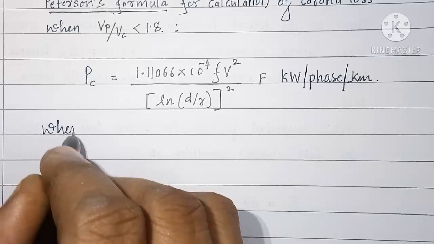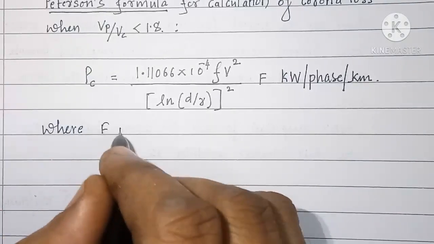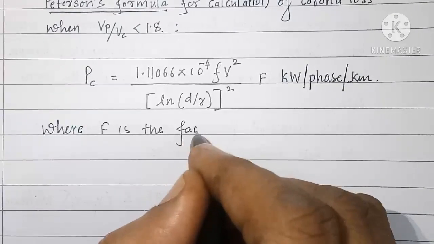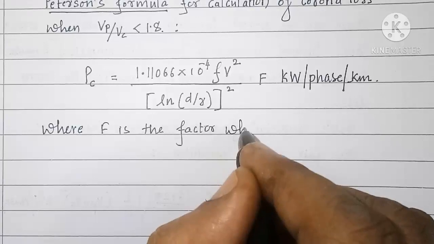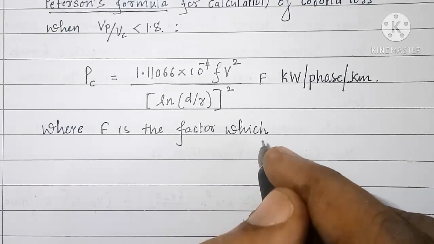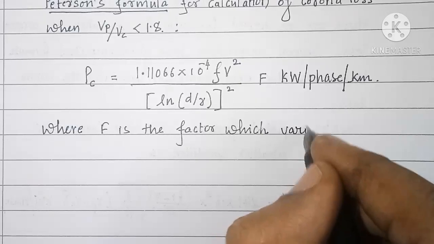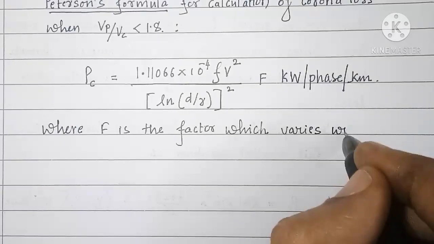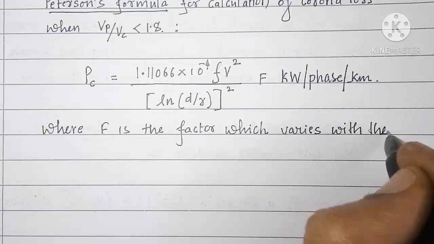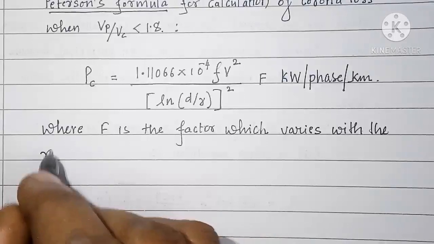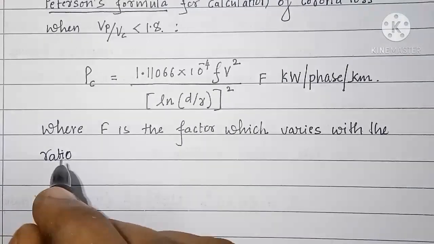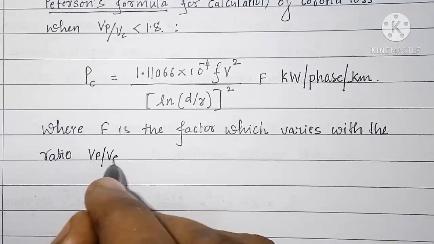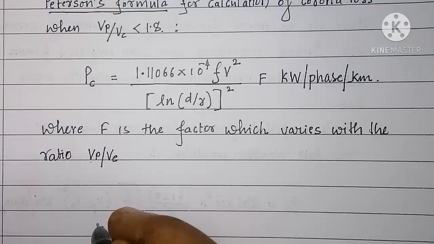Where F is the factor which varies with the ratio Vp by Vc.